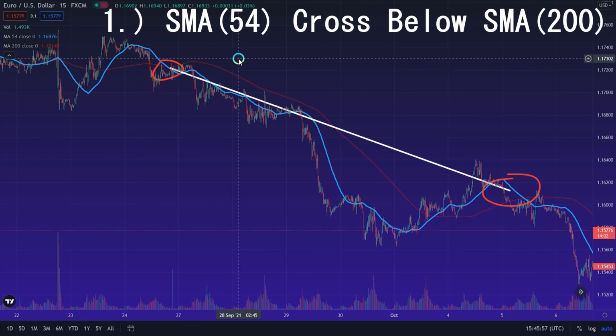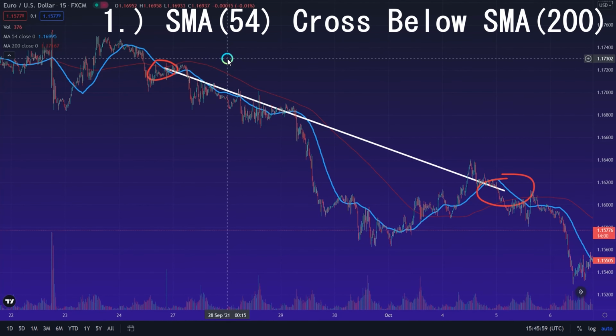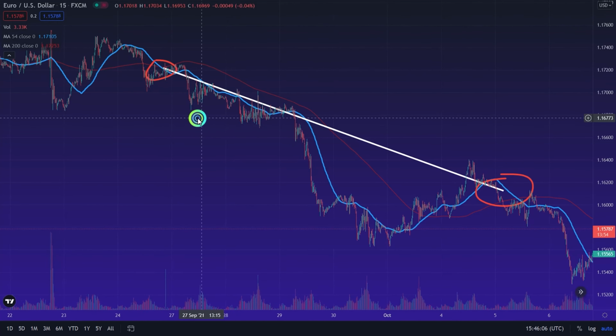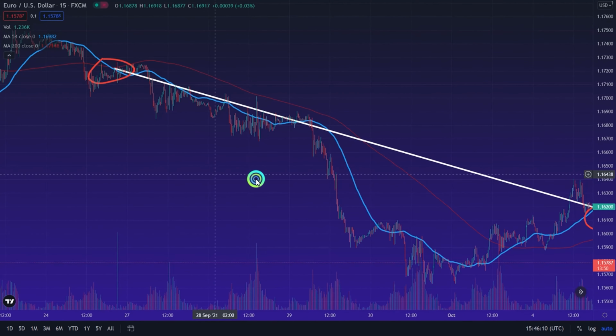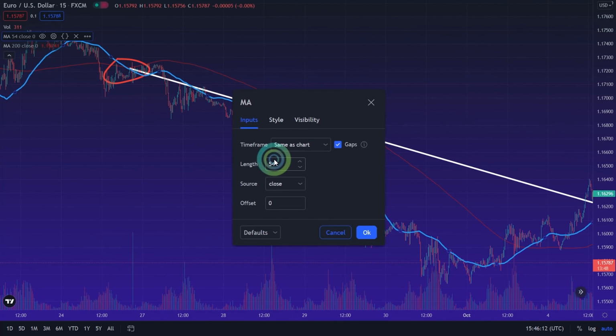Now let's see our second condition. I have to tell you that you should follow all the rules for all the conditions at the same time, because if you don't do that, that will mean that at the end you will blow your account no matter what. Now, the second rule is just as simple as the first rule.